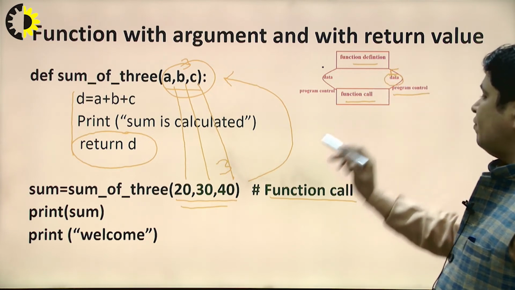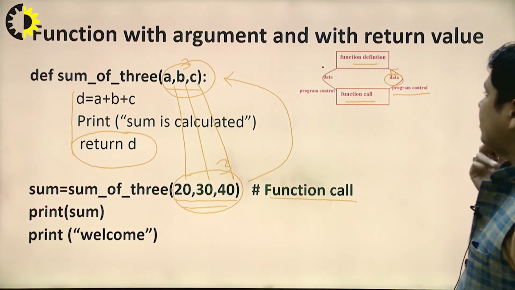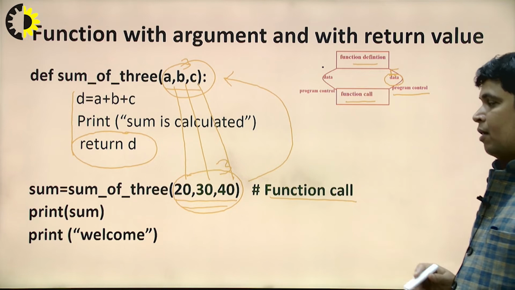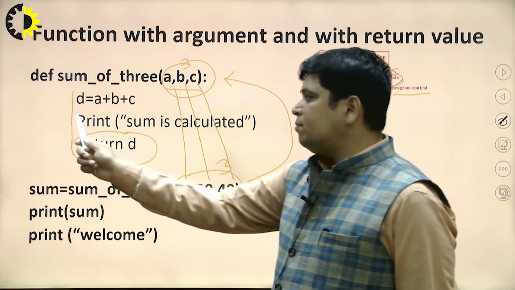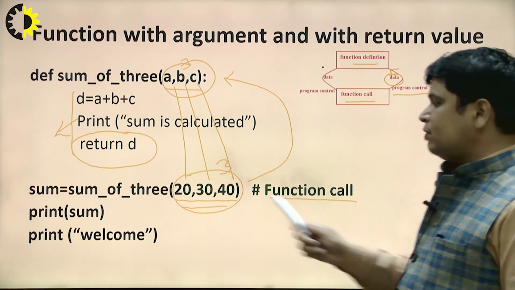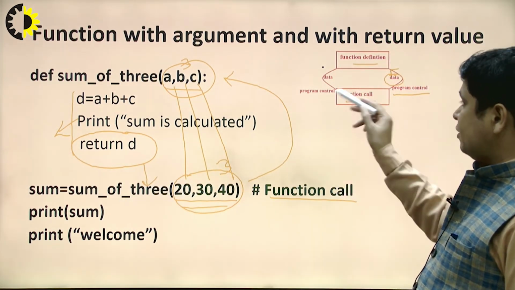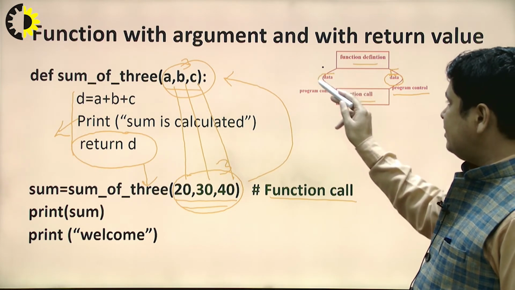This is the data, and it is moved to the function definition. When the function definition body is executed line by line, control moves back to the calling statement, and data is also moved.